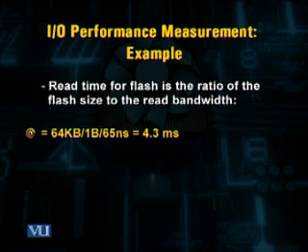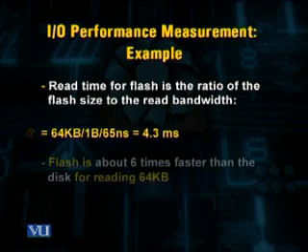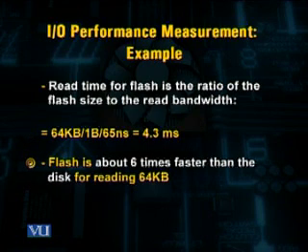This results in the read time for flash memory being equal to 4.3 milliseconds. So this calculation shows that the flash is about 6 times faster than the disk for reading 64K bytes.